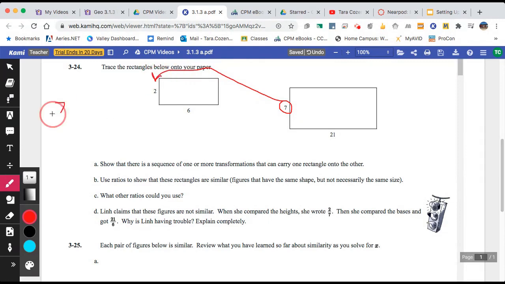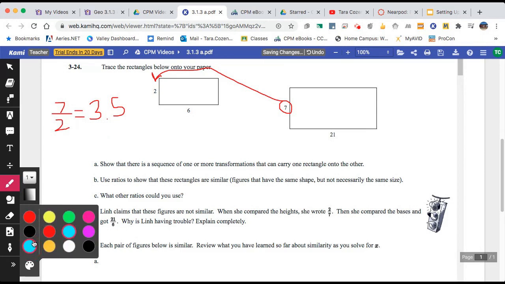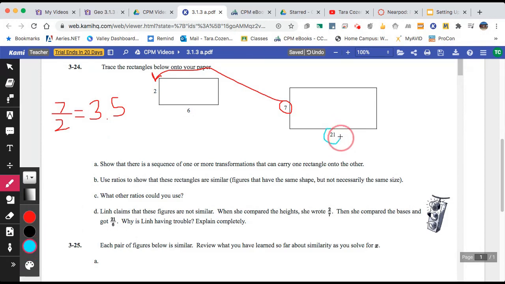So I can put 7 over 2 equals 3.5. And we can do 21 and 6. And that also equals 3.5. So since they both have the same ratio or the same zoom factor, that's how we would know they're similar.